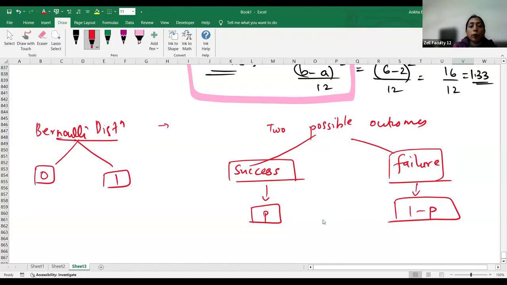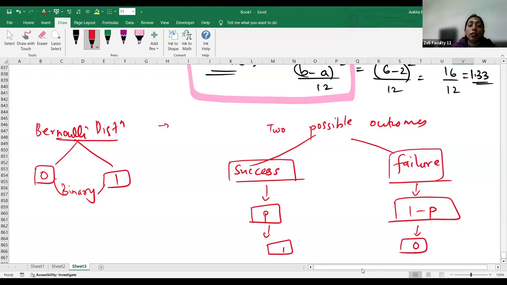So if we give the probability of success the value 1, like how you have binary coding, no? In binary coding, you take values of 0 or 1, that is true or false. Similarly, in the Bernoulli distribution, you can take P as 1. So then the failure would be 0.